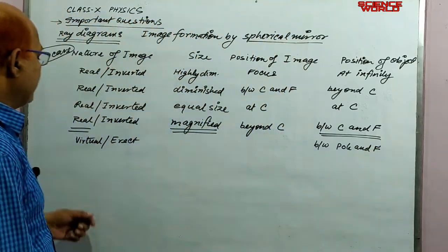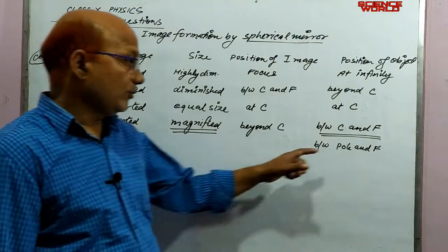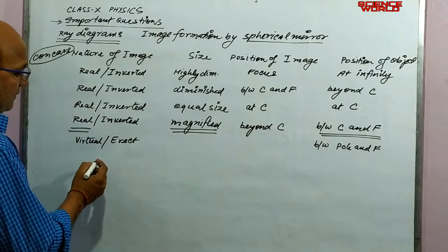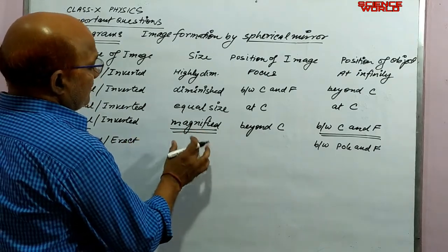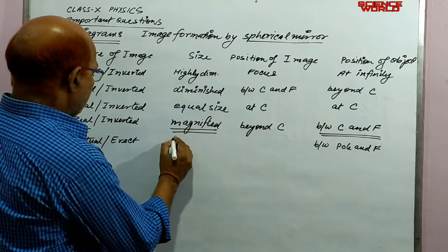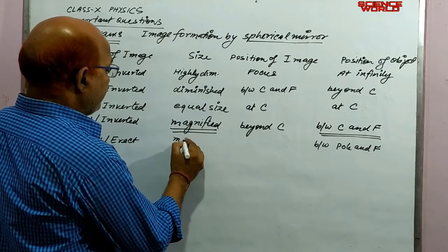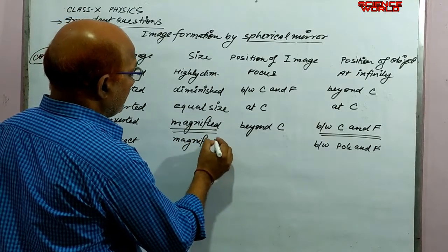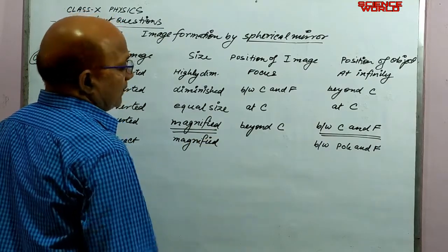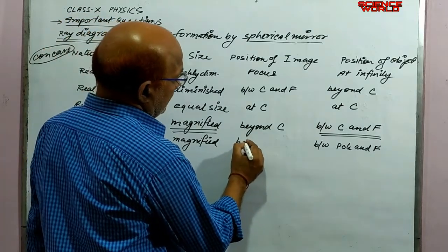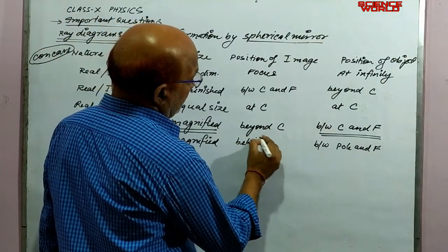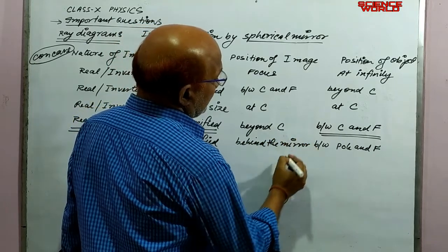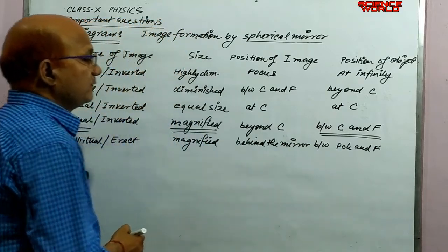If you place the object between pole and focus, you will get a virtual and erect image. This image will be magnified, and it is behind the mirror. Okay. This image is behind the mirror.